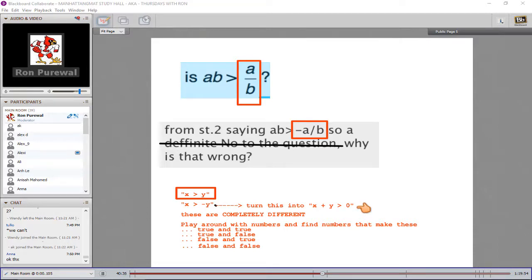Either they're both positive, or one is positive and one is 0, or there's a bigger positive and a smaller negative. You can figure that out by just looking at this. You definitely won't figure that out by looking at this. So even though these look similar, this is meaningful and this is not meaningful. The way you figure that out is just to play around with these things when you review stuff. So play around with those, see if you can get it to work all those different ways.